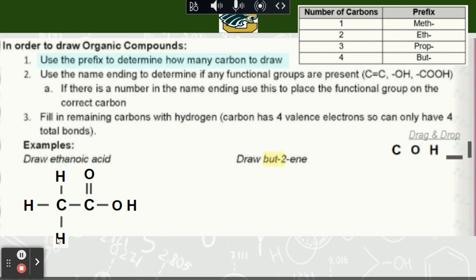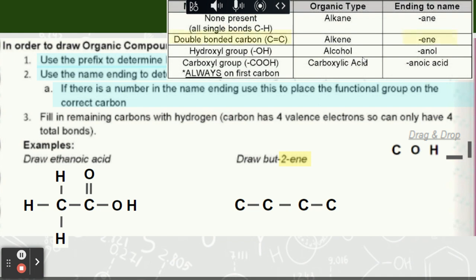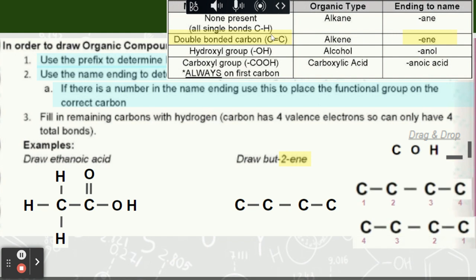How many carbons? But- is 4, so draw in 4. Then use the name ending to determine the functional group. So ene tells us that we've got a double bond here. And where to put it, because it says 2.